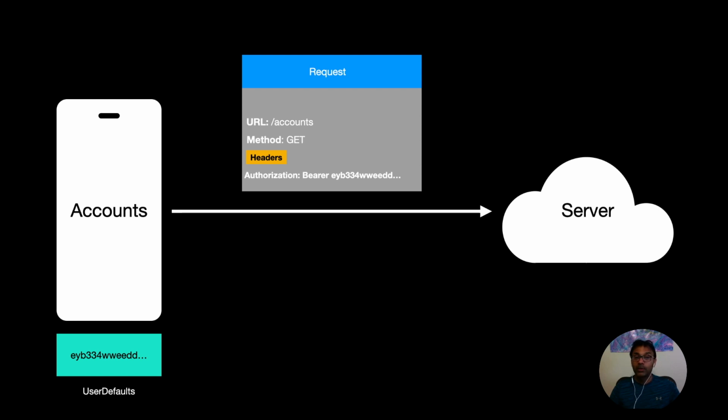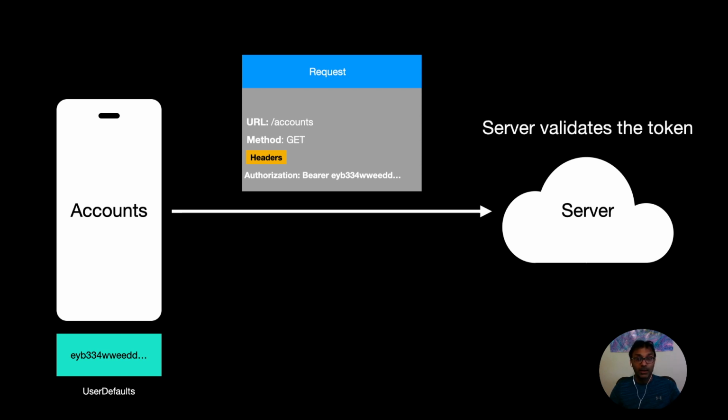But the important thing to remember is that whenever you are trying to access some protected resource from the server, like your accounts or updating your profile, you need to send this particular token in the request to the server so that the server can actually validate it.